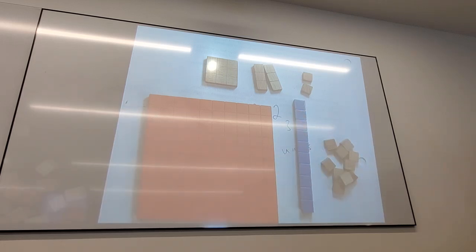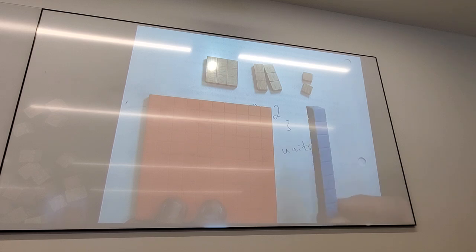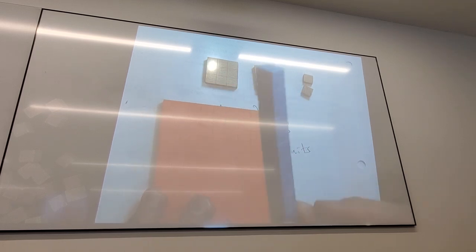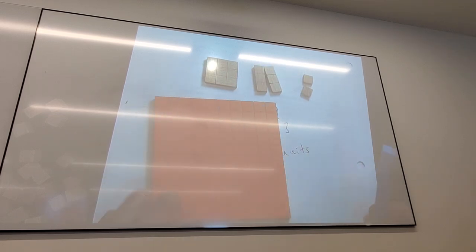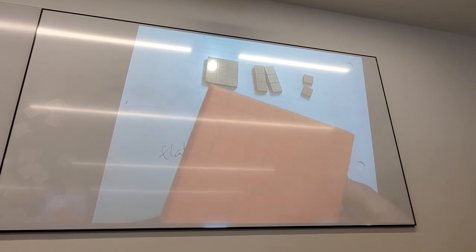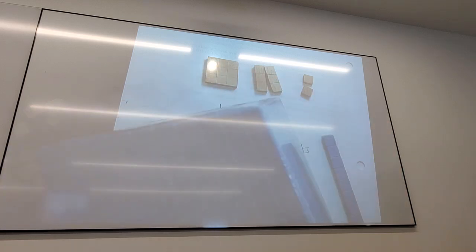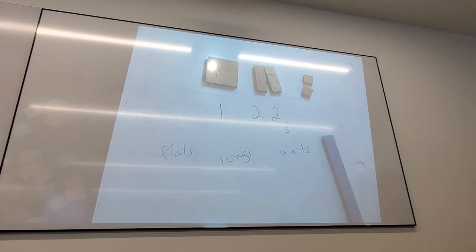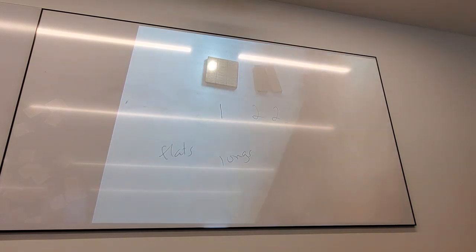That is like carrying the 1. 9 plus 1 is 1, 0. That's the first time we go over into the next place, the next dimension. This is a base 10 set because it takes 10 ones to make this, and then it takes 10 of these to make the big old orange one. And how many of these orange ones do I need for the next step up? 10. And then I get one of these.